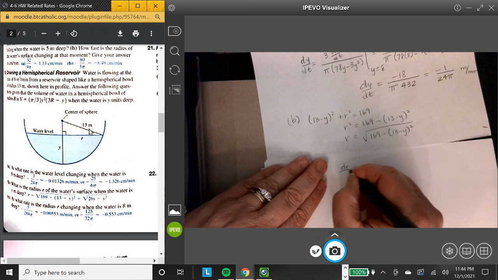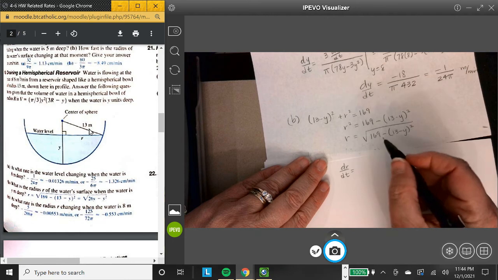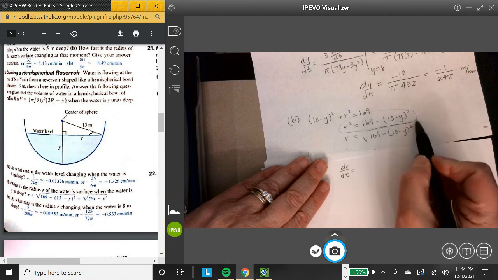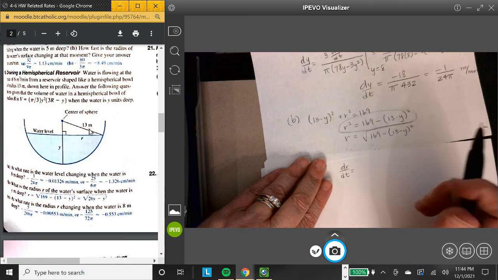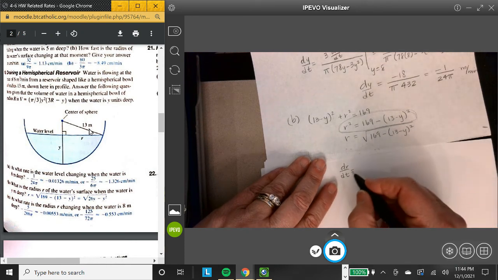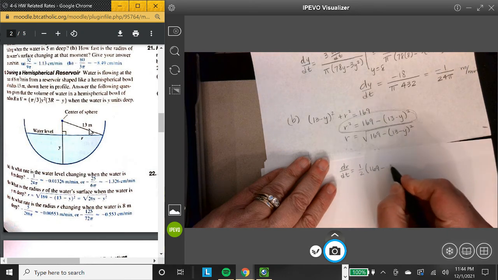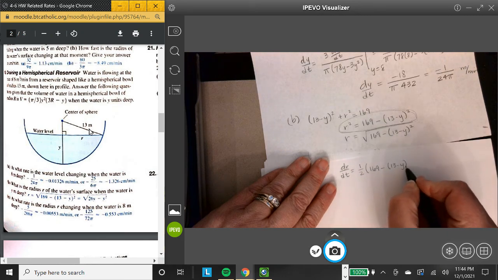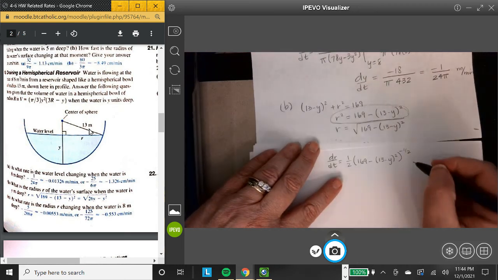So dr/dt equals, you know what, I may just take the derivative of this. Are we all right with that? Do I know what r is? No. I'll just do this. It's 1/2 times (169 minus (13 minus y) quantity squared) to the negative 1/2, times the derivative of the inside.